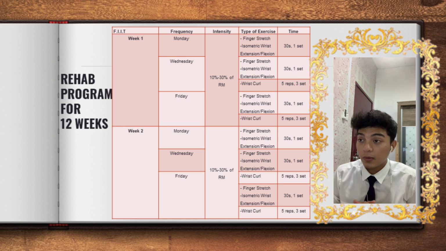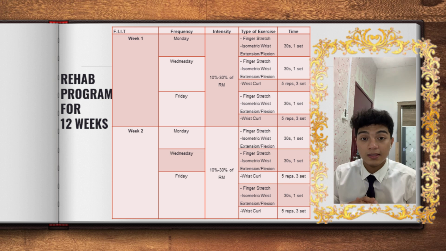For the first week, it is done on Monday, Wednesday and Friday. The intensity for this week is only 10% to 30% of repetition max, or RM.